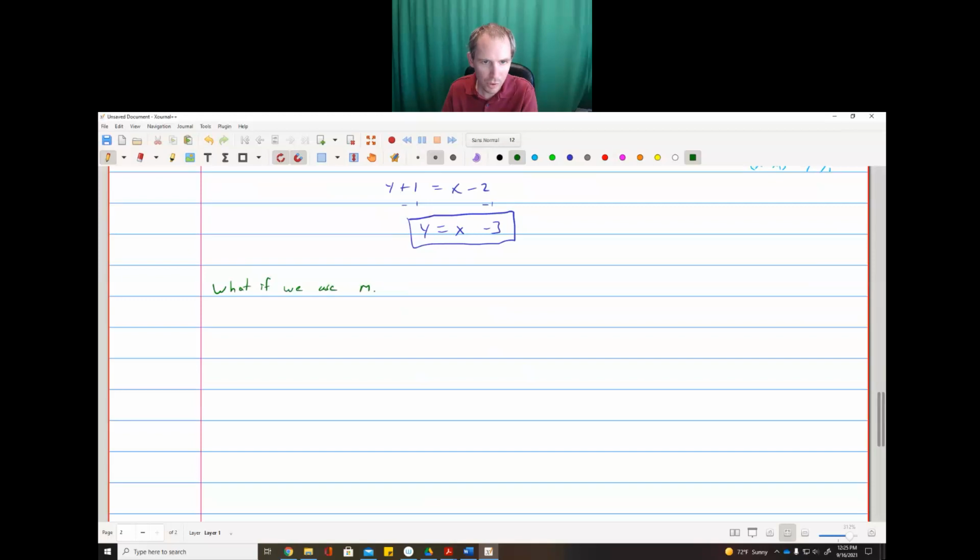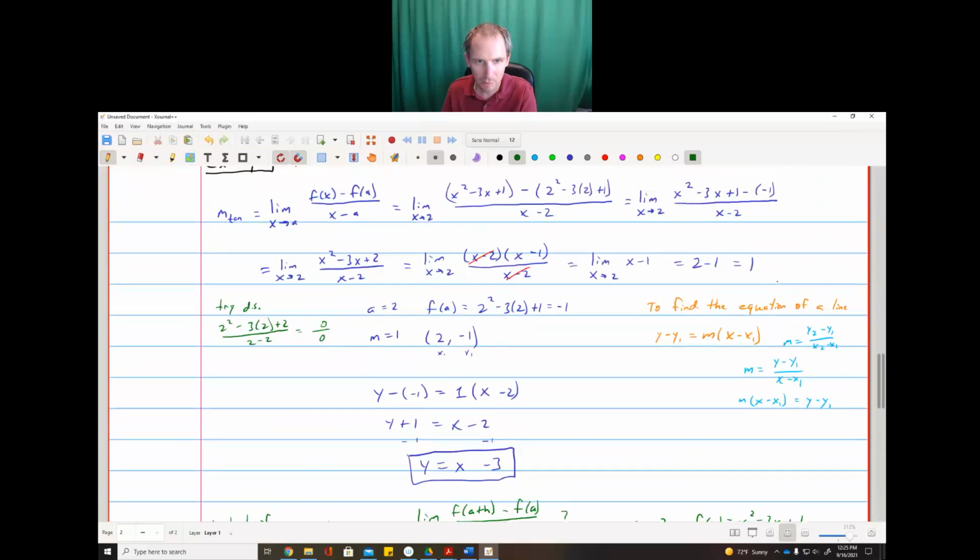What if we use that the slope of the tangent line is this limit with the h's instead? Okay, so remember that we were using an a value of 2, and my function was x squared minus 3x plus 1.